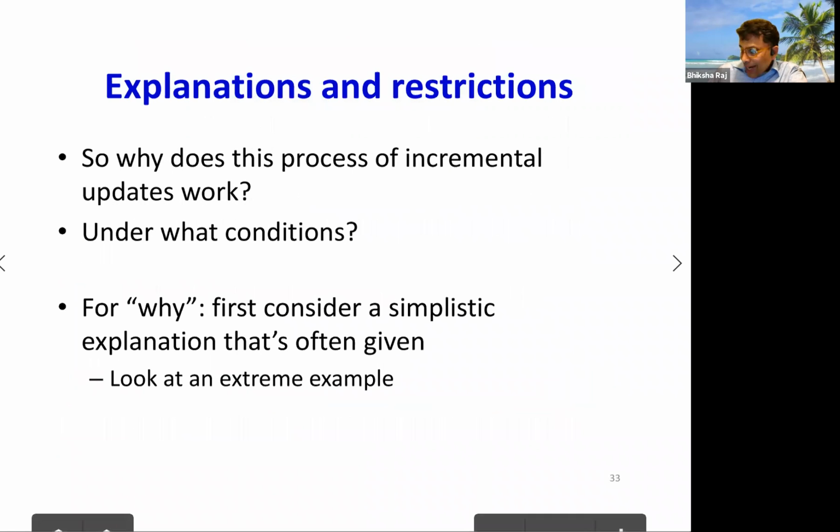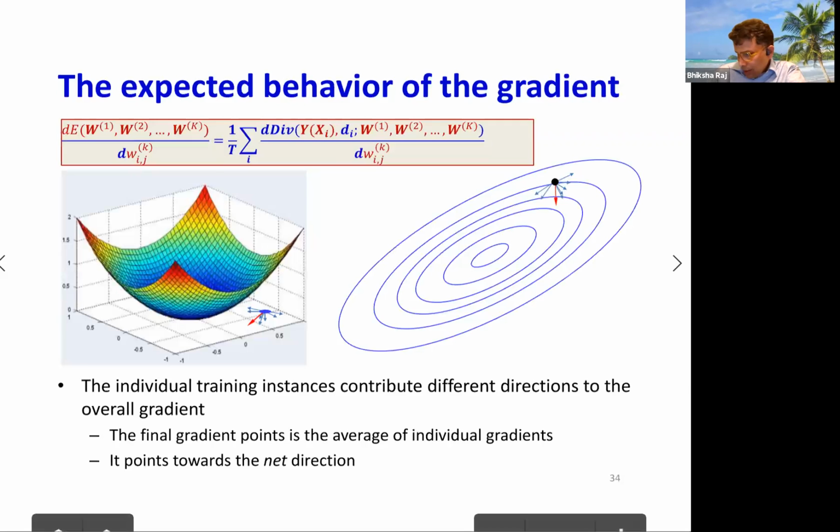So why does this process of incremental updates work and under what conditions? For the why, let's first consider a popular simplistic explanation. Let's look at an extreme example. Now, the loss that we compute is the average divergence over all of the training instances.